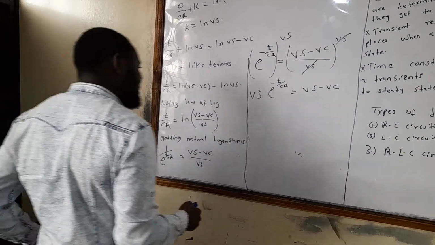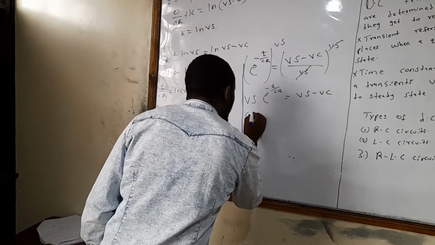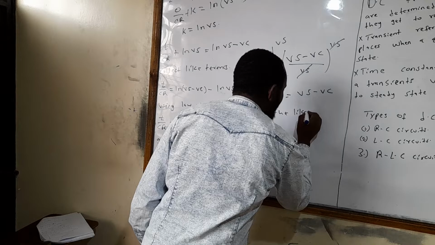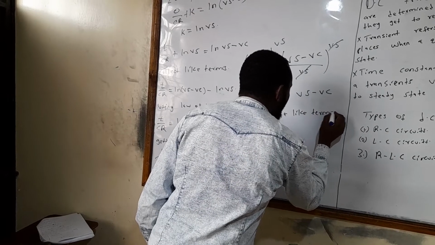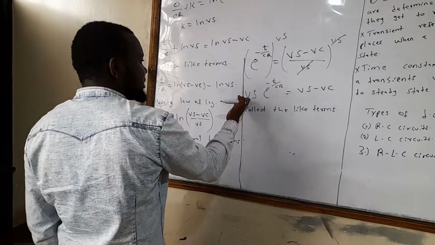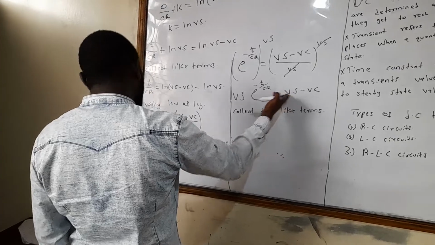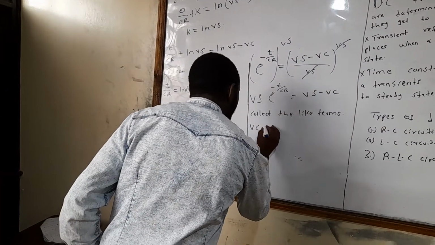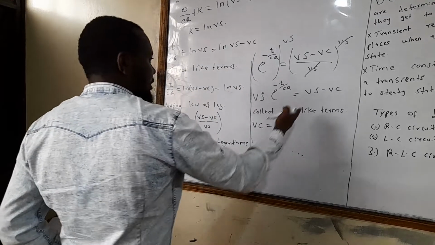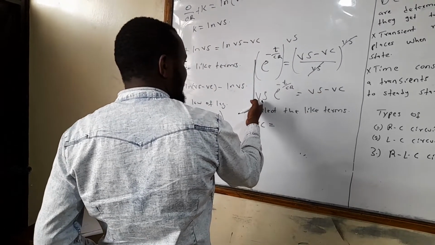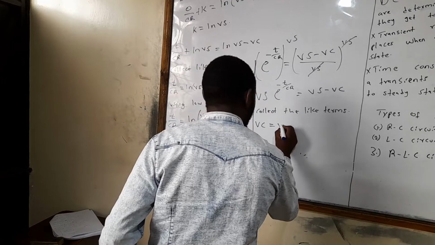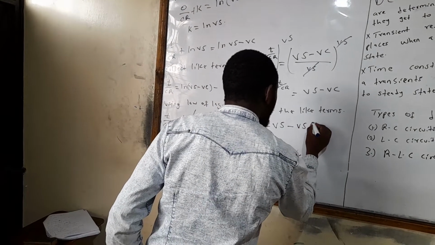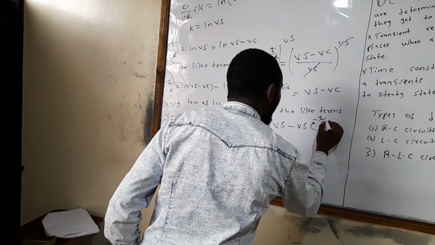Now collect the like terms. When you collect the like terms, that means this Vc will come to this other side. Therefore we have Vc is equal to Vs minus Vs e power negative T over Cr.